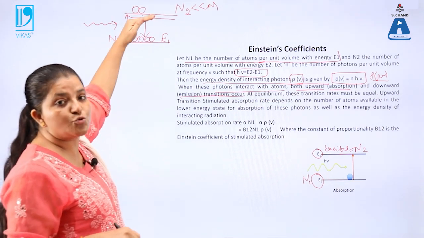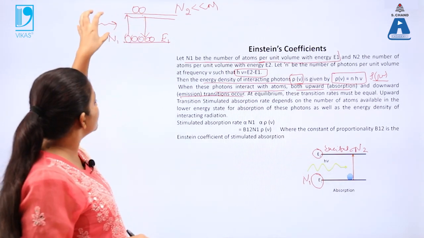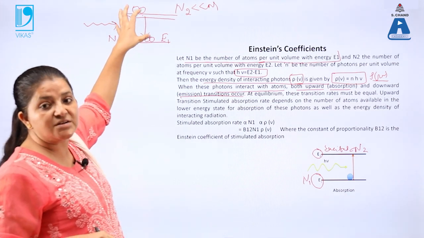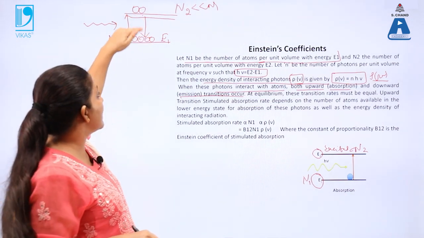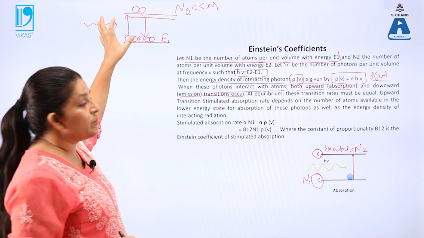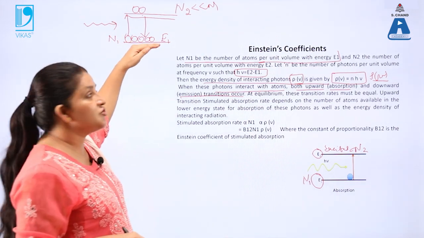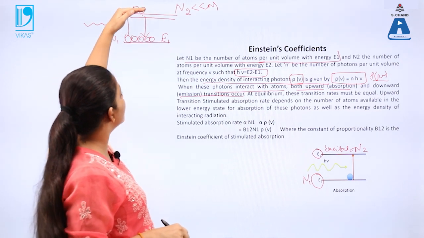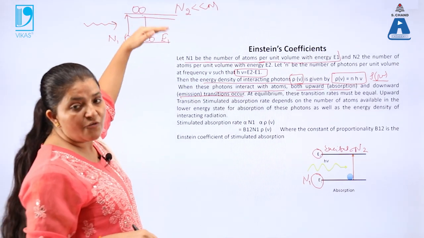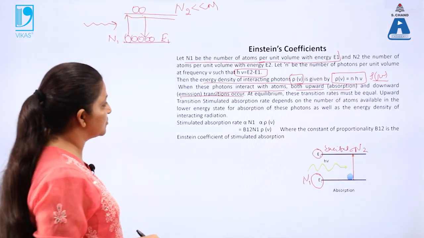So these two processes, stimulated absorption and stimulated emission, take place simultaneously. By absorbing the radiation, atoms can jump from the ground state to the excited state, or they can jump back from the excited state to the ground state.